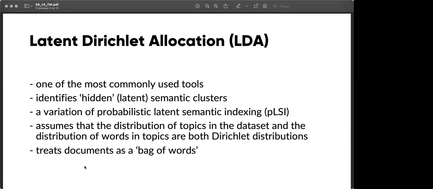So I would expect that latent Dirichlet allocation is cornered a bit by those new algorithms. But for now, it remains a very commonly used tool.